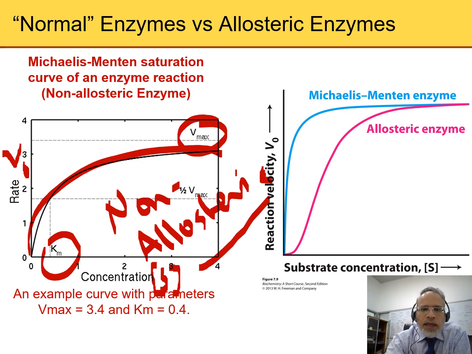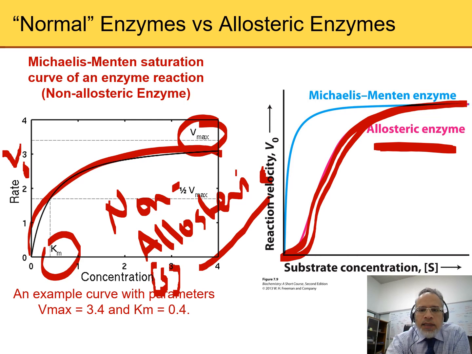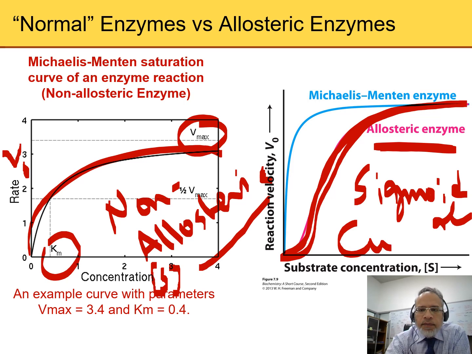But if you have an enzyme that is allosteric and that shows cooperativity, or allosterism, then you find they have the sigmoidal curve that looks like an S, right? And this is called the sigmoidal curve.